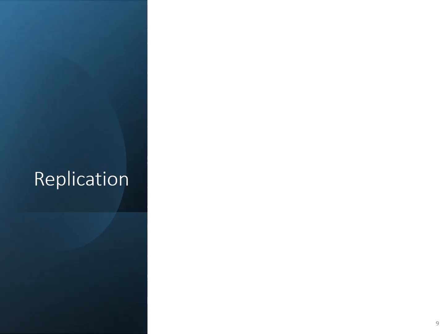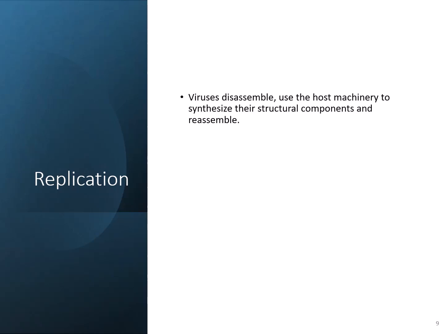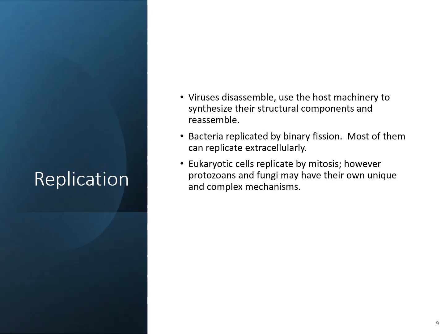When we compare replication, viruses disassemble, then they hijack our cellular machinery, they synthesize their components, and then they assemble again. This is how they replicate. Bacteria replicate by binary fission, and they can easily replicate extracellularly, while viruses have to be inside the cell because they are obligate parasites.